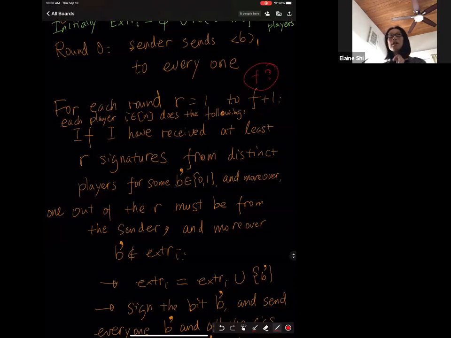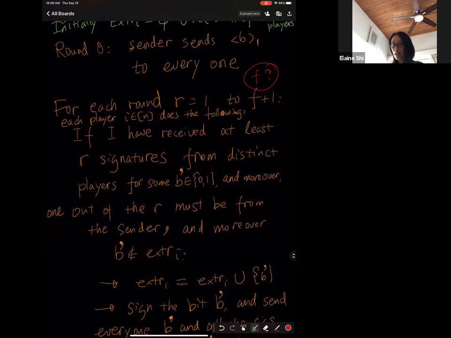Again, if you think about it, what's happening in this protocol is that I'm modifying my belief of what the sender has told me, and the belief is maintained by the extracted set. As I modify my belief, I always want to let everyone know I've modified my belief, and here's the reason why. And if I do that, you'll be convinced to modify your belief too, if you have not done so yet.